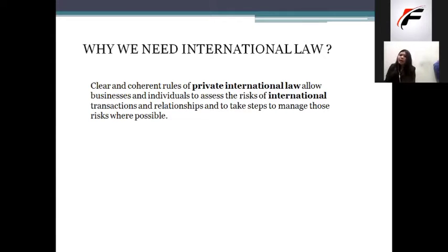Why? Because the law of this country is different. Country A law is different from B country law. In the world, there are no 100% same laws. So this is where we need private international law to solve this problem.